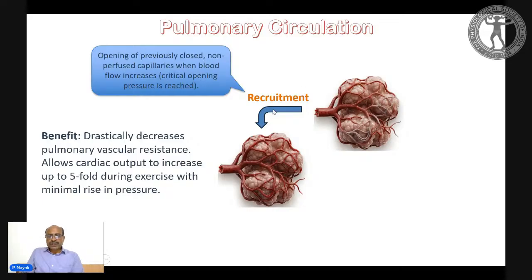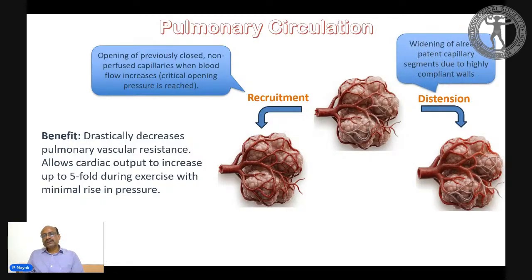These are now being perfused. So, opening of previously closed non-perfused capillaries when blood flow increases is called recruitment. And there is widening of vessels which are already in flow.